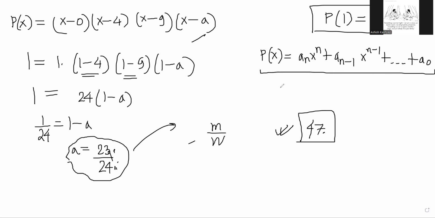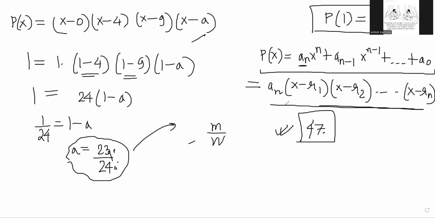If it has roots, we can write it always as a_n, the leading coefficient, times (x minus root 1)(x minus root 2) till (x minus root n), right? Because every time there is a root, there is a corresponding factor, right?